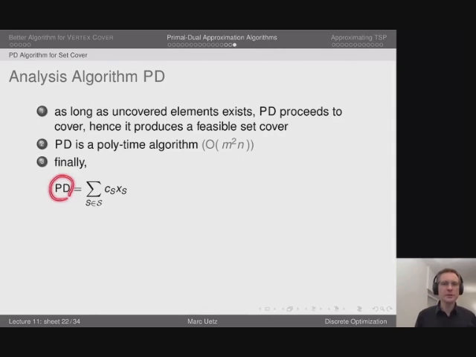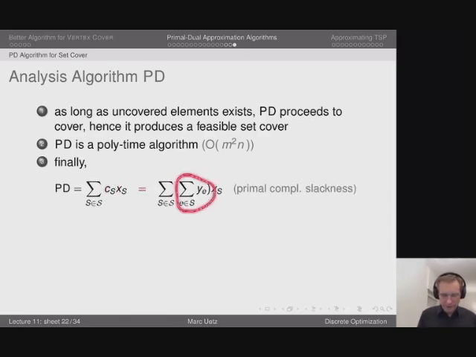So the value achieved by the primal dual algorithm, well, that's the total cost of all the sets that I selected, right? Now, whenever I select a set S, I know that primal complementary slackness is fulfilled, so the corresponding dual constraint is fulfilled with equality, and that means that this cost coefficient, c_S here for set S, is equal to the sum of the corresponding dual variables, right?